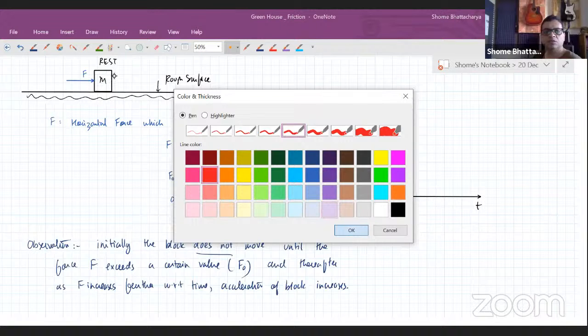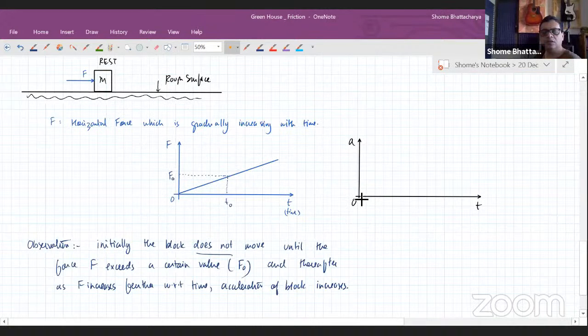The acceleration will be 0 till your force reaches a certain value, that is at time t naught. And thereafter, the acceleration will increase with time. When the force exceeds f naught, there will be a sudden jump in acceleration. It will not start from 0. I'll explain that point also. So first make this graph and write down this result, then we'll understand the interpretation of the result.